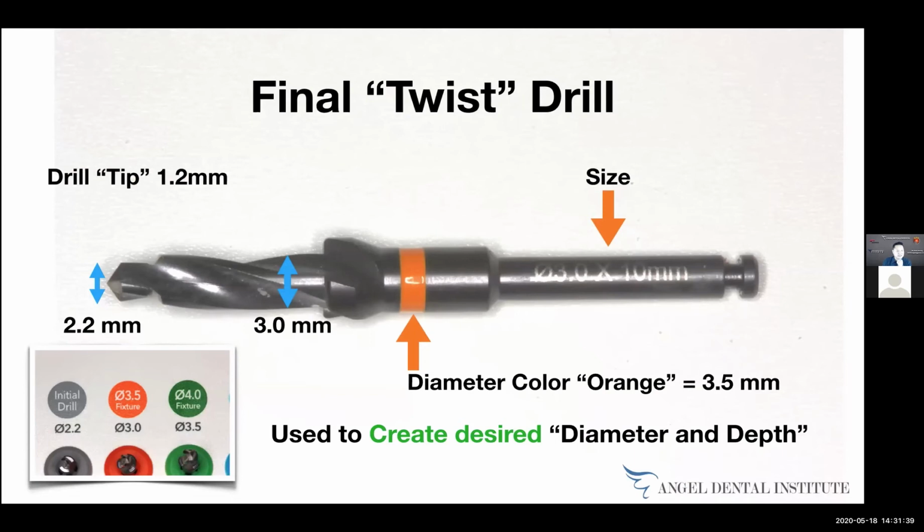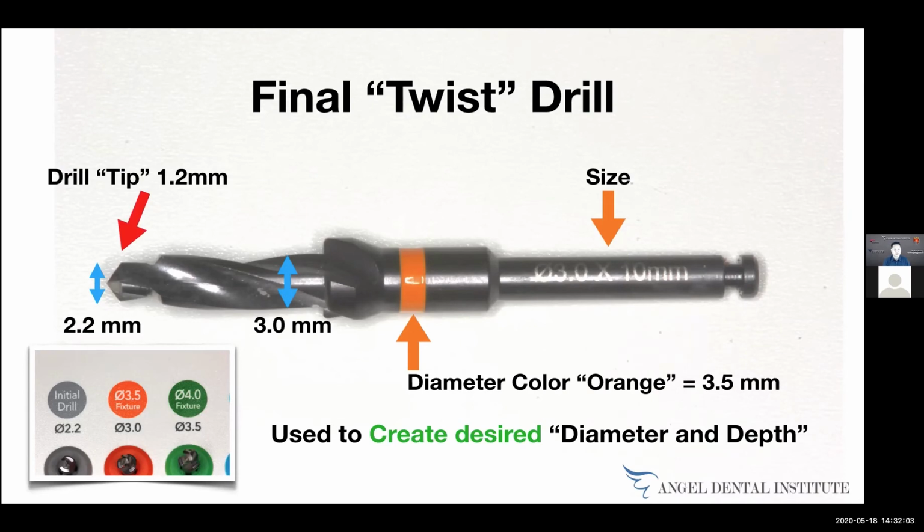Here, you have to look at this drill tip. I'm saying it's 1.2 millimeter. That's the cutting tip, that's right here. So actually, the drill is, instead of 10 millimeters, 11.2 millimeters long. So there's a 1.2 millimeter extra at the tip.